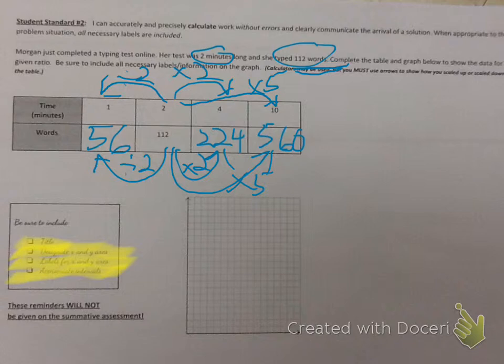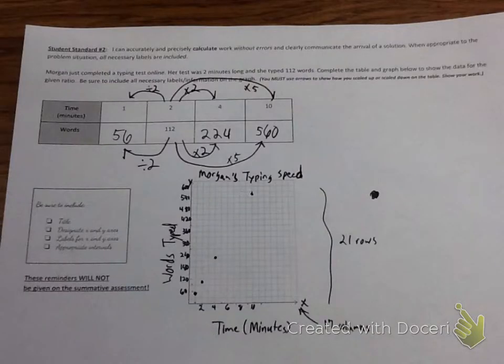So let's take a look at how we can do that. So this is my final graph from my information. My title is Morgan Typing Speed, because that's what it's about. It's how quickly she can type.